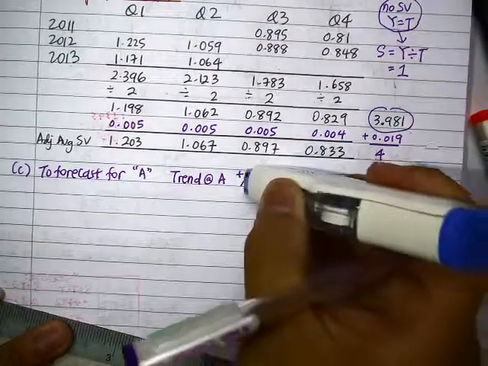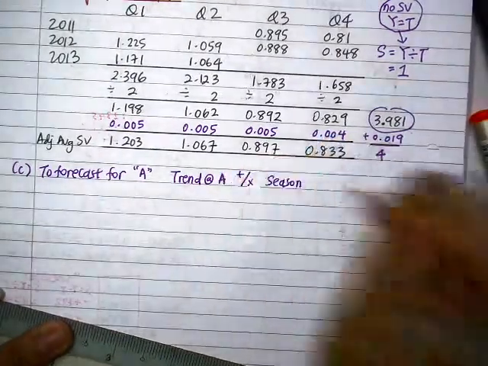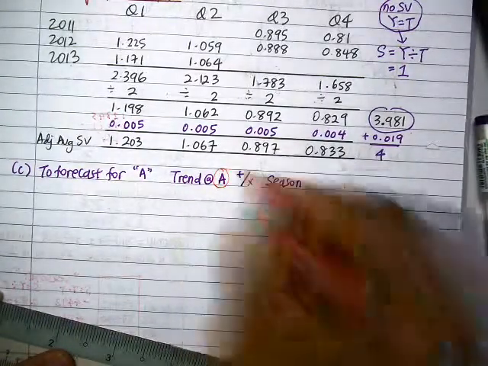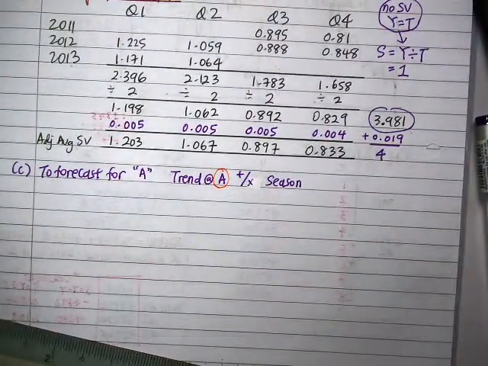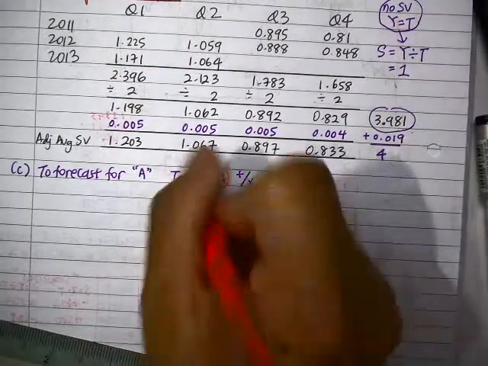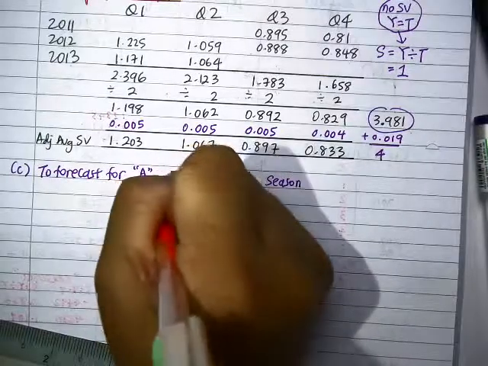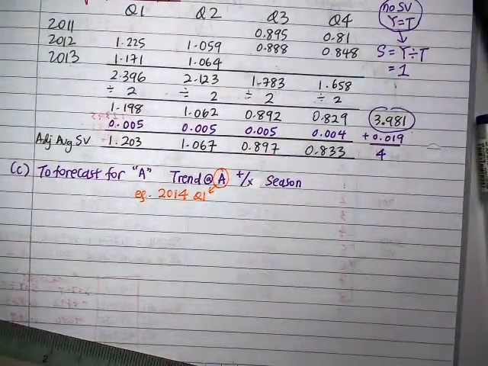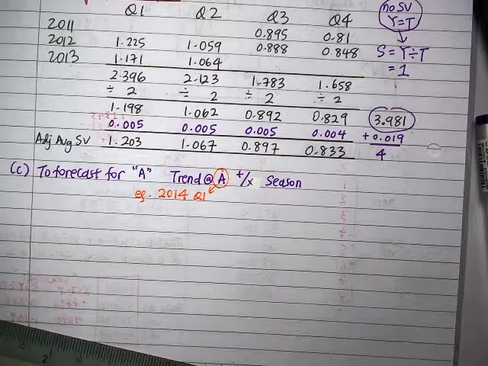Okay, plus or multiply the season, sorry. So what is the A that we have here? The A is the future period that you are having. For example, I want 2014 quarter 1.